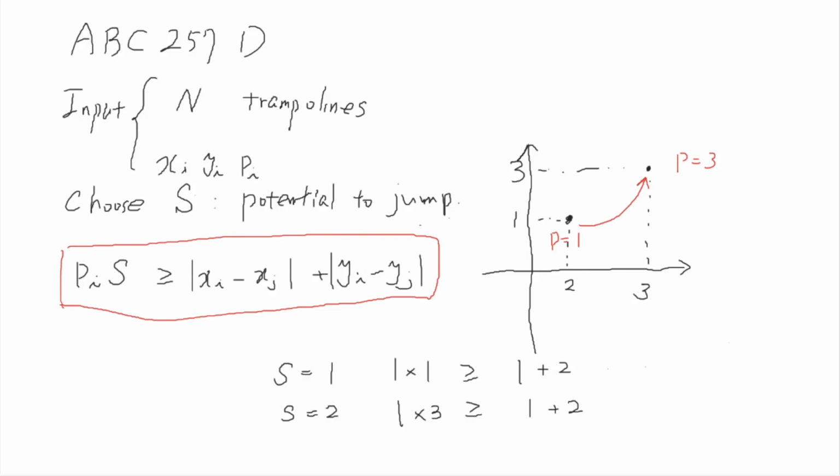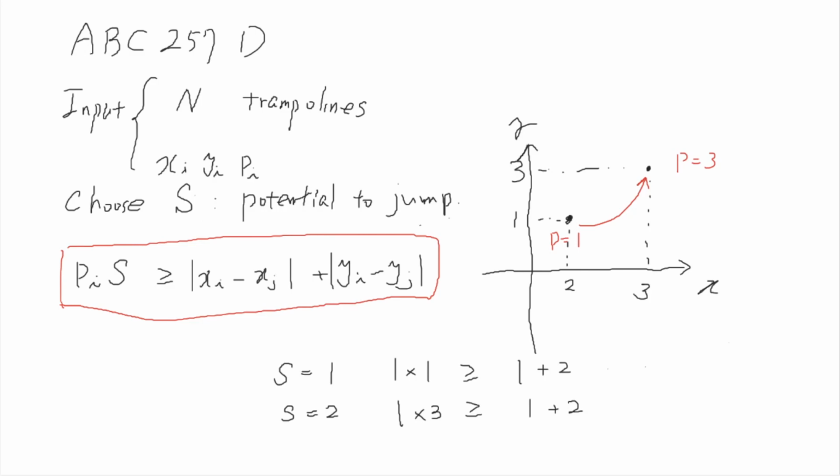Hi guys, today's problem is task D of ABC 257. The settings are as follows. We have n trampolines on the XY plane. Each trampoline has coordinates xi and yi, and pi is the power of the trampoline.